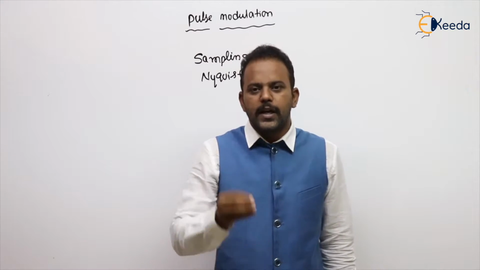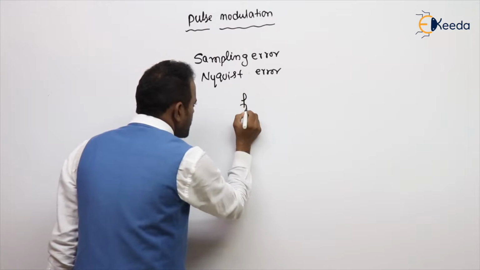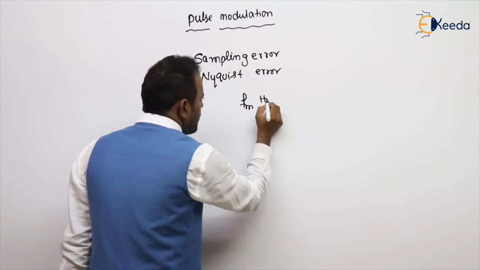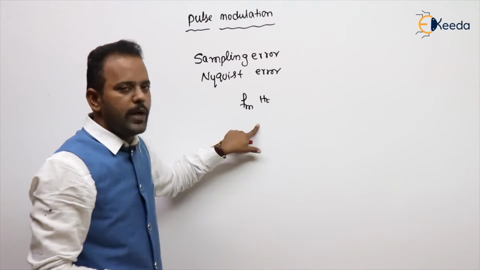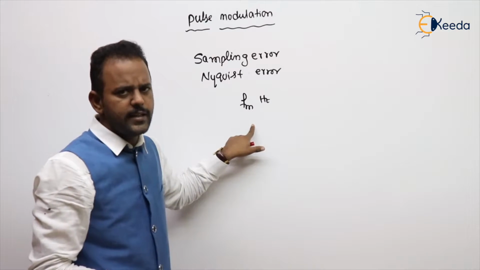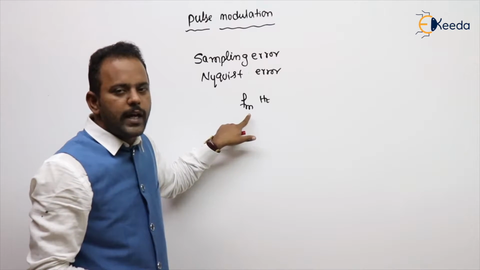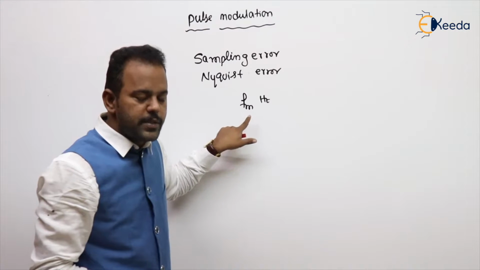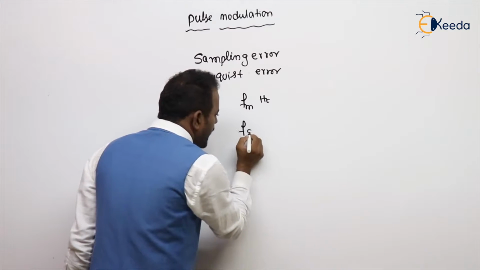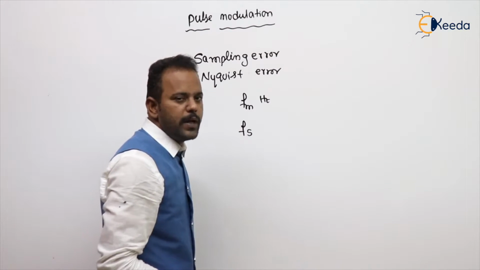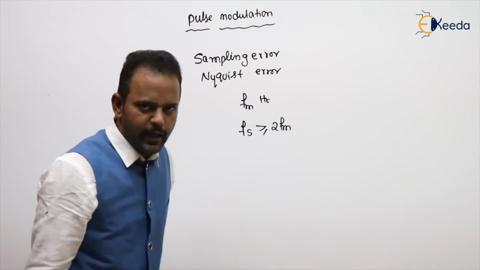The sampling theorem says that a continuous time signal band limited to fm Hz, where fm is the message signal frequency, can be converted into a discrete time signal without any information loss, provided that the sampling rate fs is greater than or equal to 2fm samples per second.